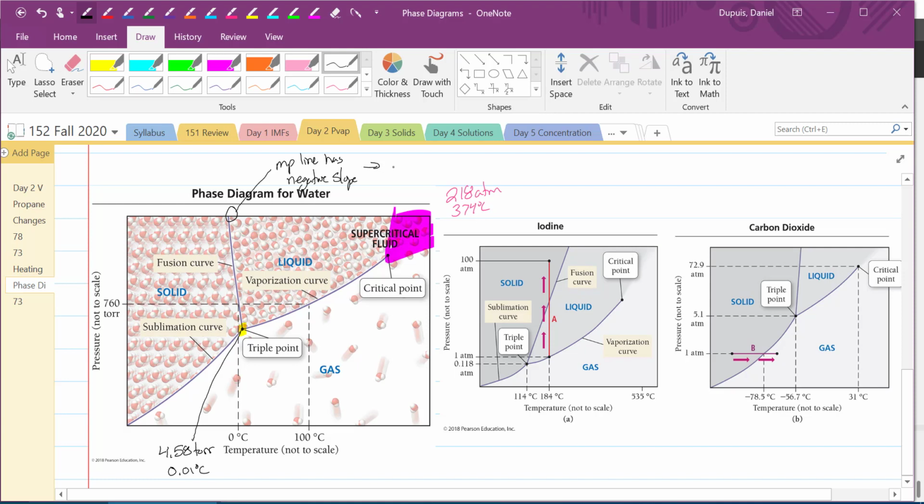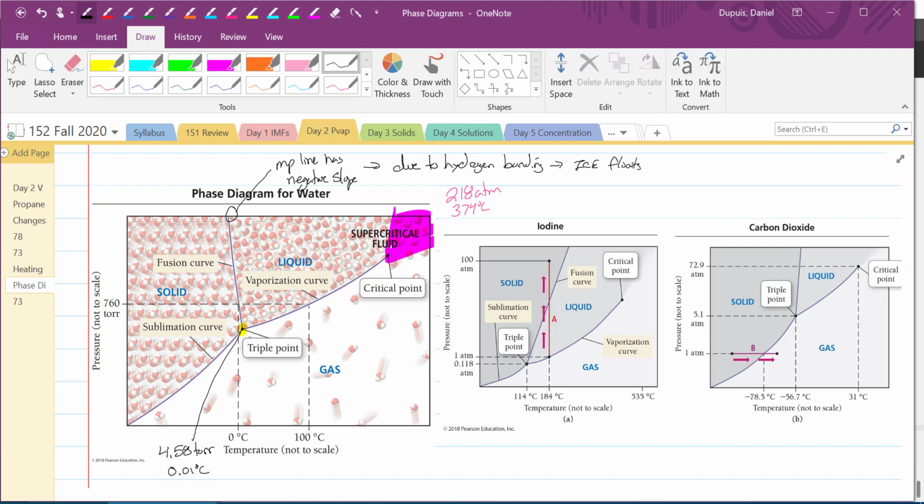It slopes left. This is due to hydrogen bonding, which means that the solid is less dense than the liquid, which means, of course, ice floats. That's kind of neat.